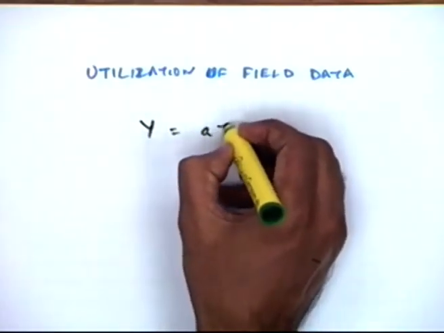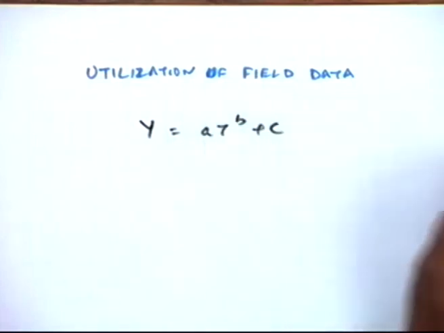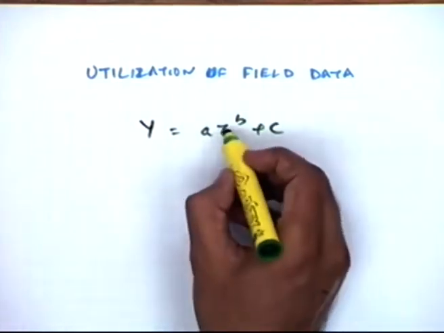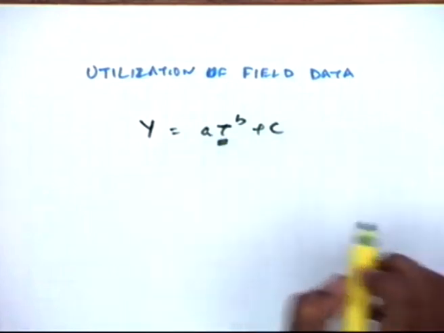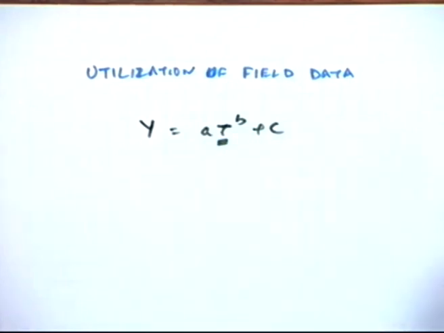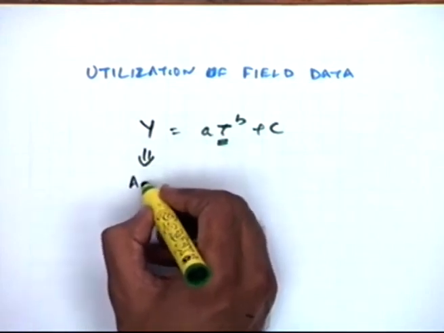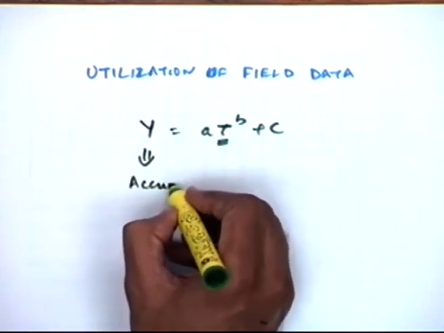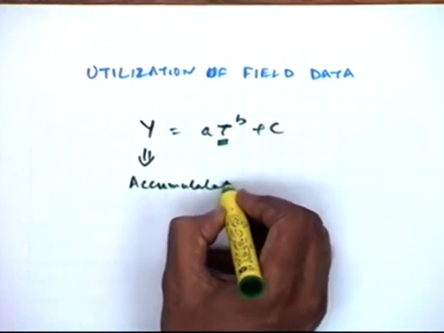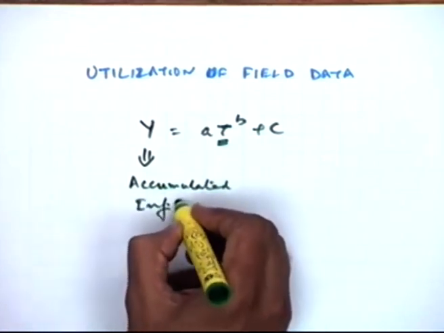So the relationship which we had used was of this nature, where T is the elapsed time, the time for which the infiltration opportunity is there, and Y is the cumulative infiltration.